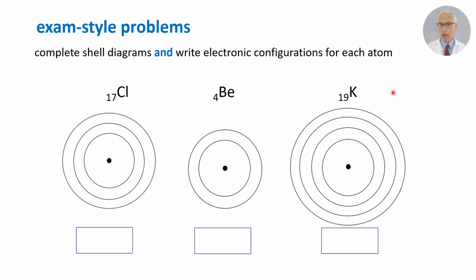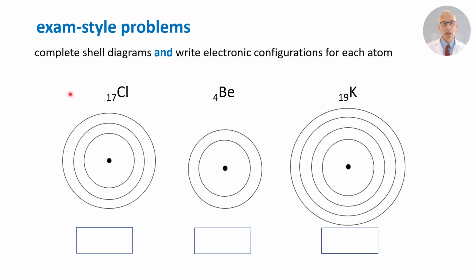Just to be clear about the Cambridge IGCSE, you are not expected to write or draw electron configurations for elements other than element 1 to 20, that is hydrogen to calcium. So you don't need to have any specific information about the fourth shell other than it can take at least 2 electrons, but that's more an A-level topic.